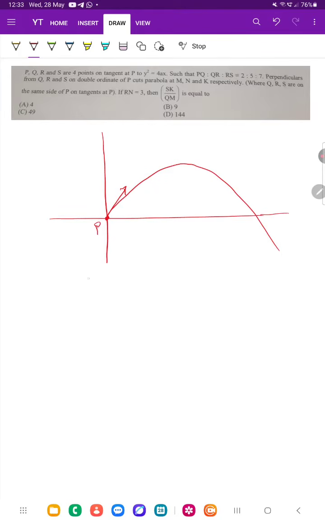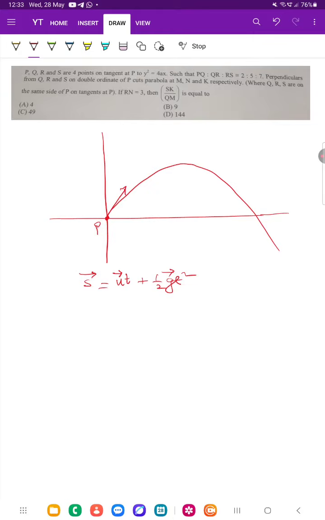From kinematics I've already studied that S equals ut plus half gt square, and now I'll use its vector form. If we vectorially add these two terms, ut plus half gt square, we will get the S vector. S is the displacement vector, ut is a vector in the direction of initial velocity whose magnitude is u times t, and half gt square is vertically downward as g is vertically downward.